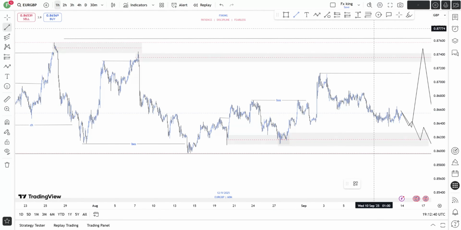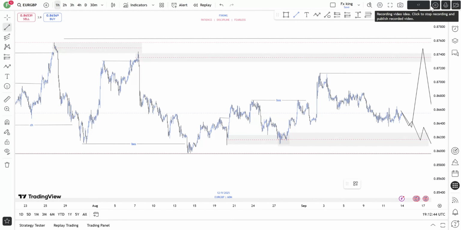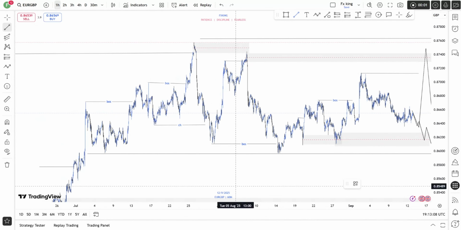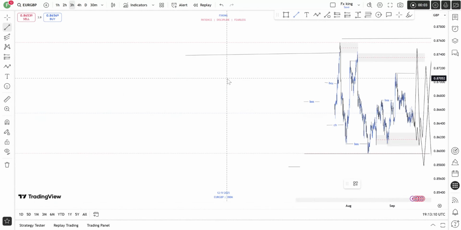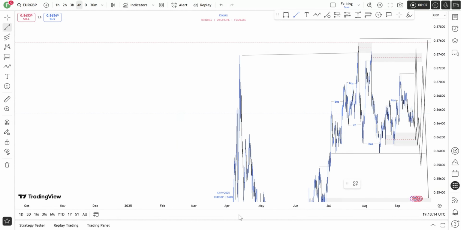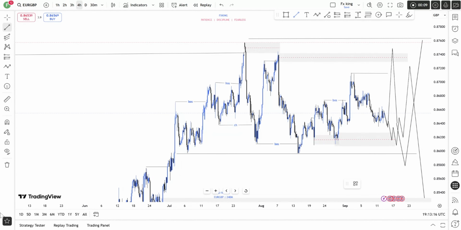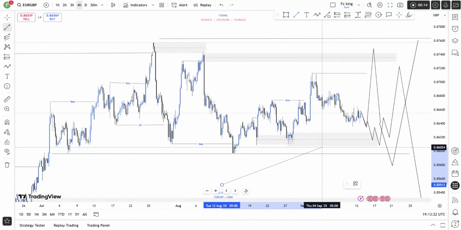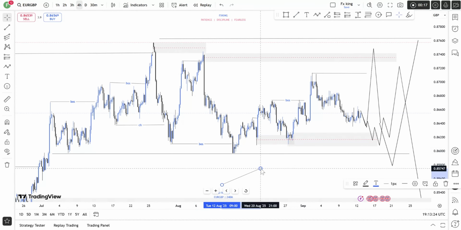So let me see. Okay, you guys have seen the secret of market analysis and you have also seen the zone we are looking at for this pair.